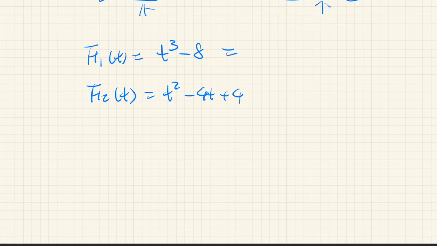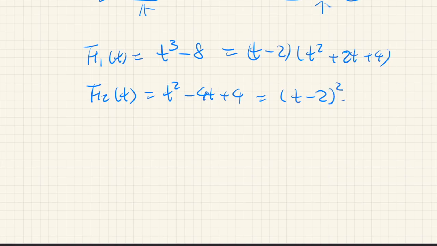So the first one can be factorized as this: (t minus 2)(t squared plus 2t plus 4). And this one is (t minus 2) squared. So they have t minus 2 in common. So they are not coprime.